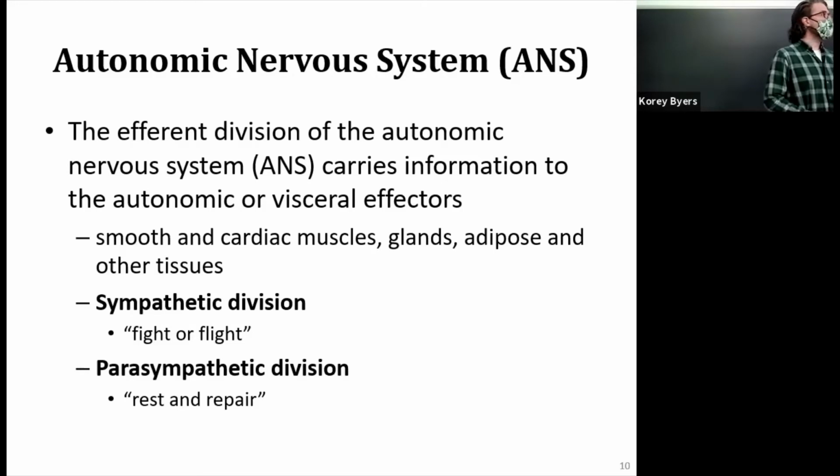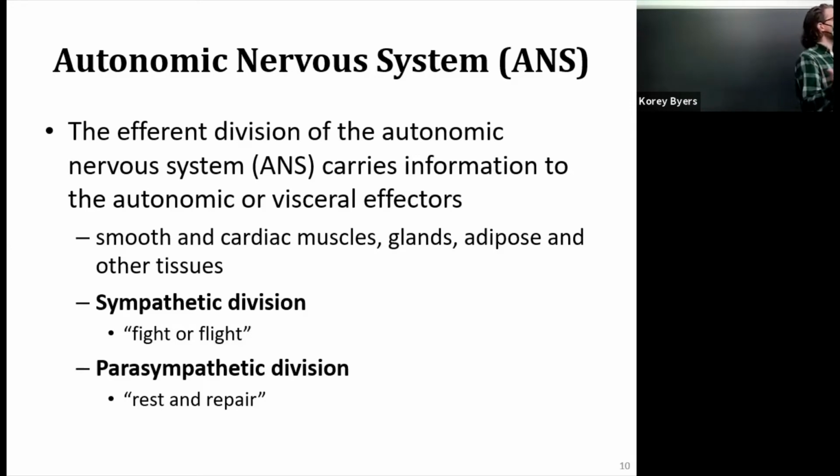What does visceral mean? Like eviscerate. Any guesses? What does visceral mean? Doesn't necessarily mean side. Your viscera is a generic term to mean organ.